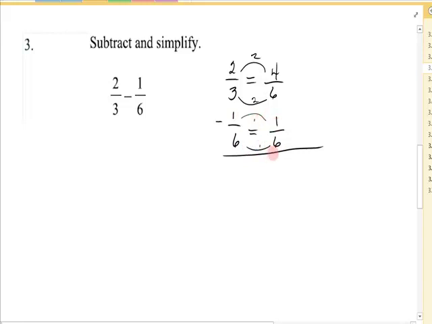In other words, there was no change. Now subtract 1 from 4 is 3. So it's 3/6, which is 1/2. And I got that because I saw that 3 went into both of those. I divide them both by 3.